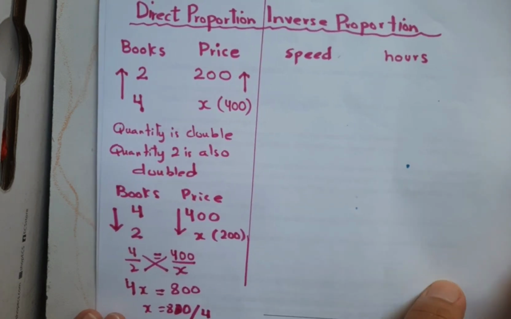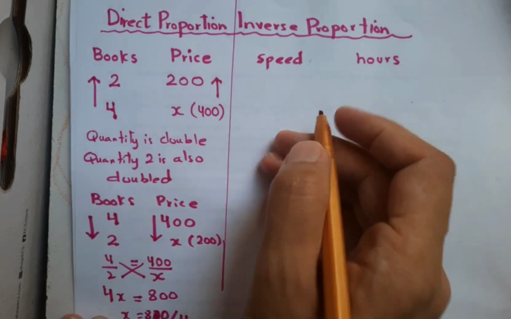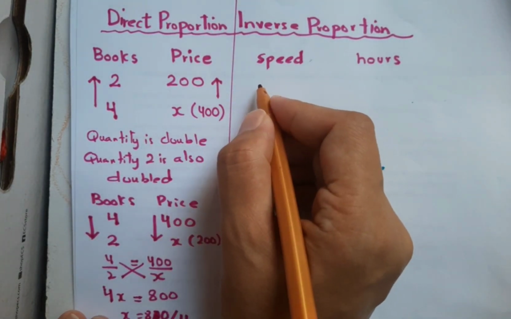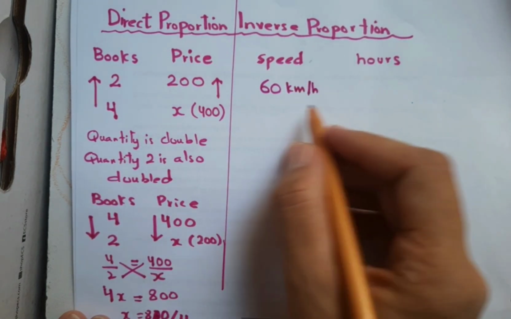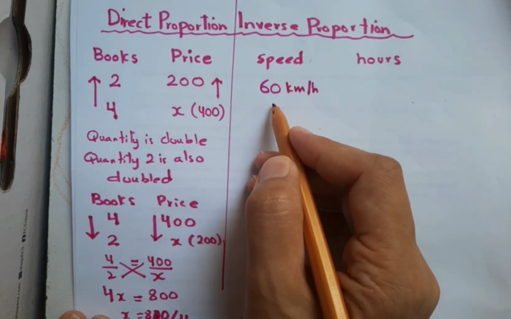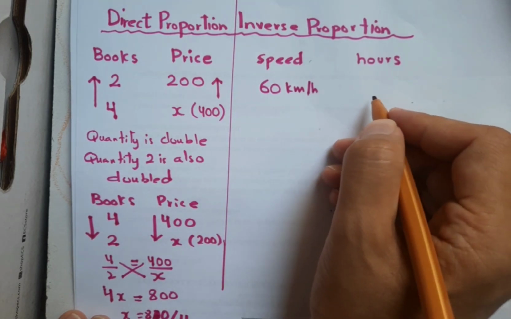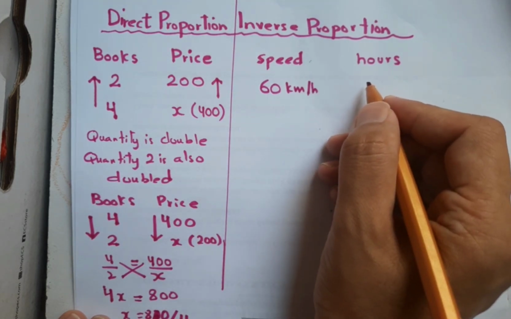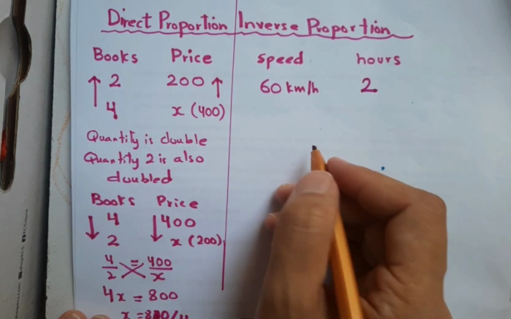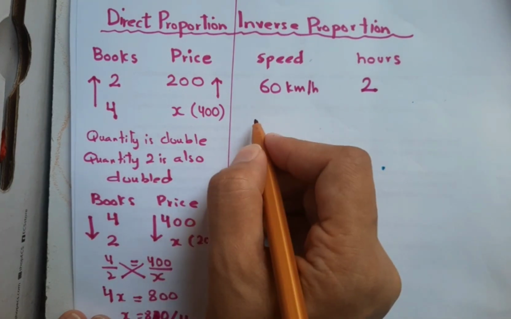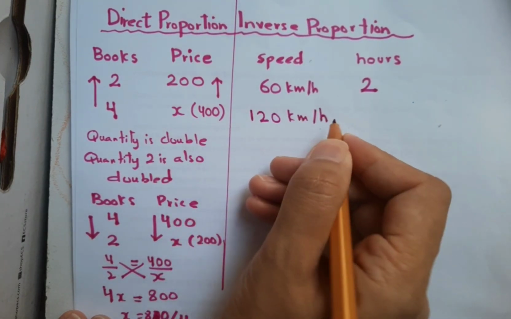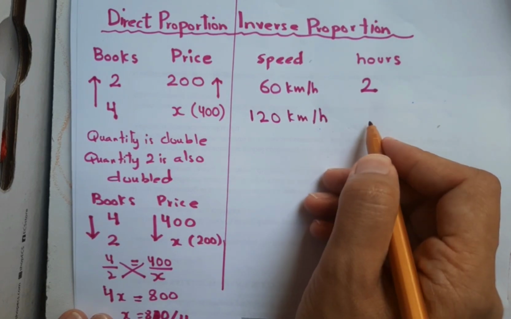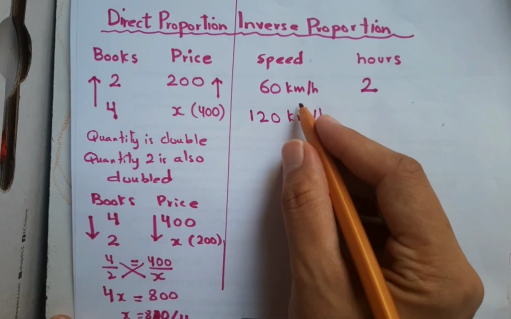Now let's come to inverse proportion, where I have taken the example of speed and hours. For example, there is a car that travels 60 km per hour in 2 hours. Now if the speed is increased to 120 km per hour, that means it will reach the distance in less time, right?